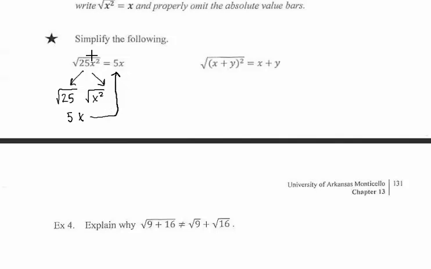You simply go through each factor of the product inside and take the square root of each individual piece. Now, that's if you're dealing with a single term. If we look over here to the right, for this radical, we have an x plus a y, but this is squared.